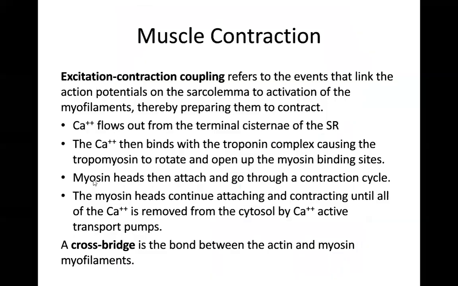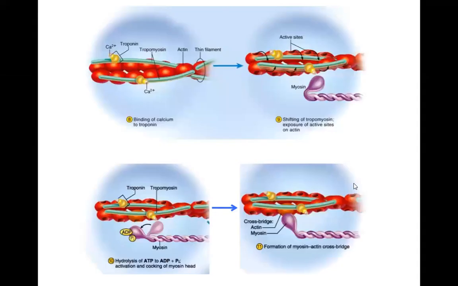Okay. So calcium then binds with the troponin complex, causing the tropomyosin to rotate and open up the myosin binding sites. Myosin heads then can attach and go through a contraction cycle, which we'll get to here in a second, which means that they form a cross bridge and then end up pulling the thin filaments towards the M line, as I showed.